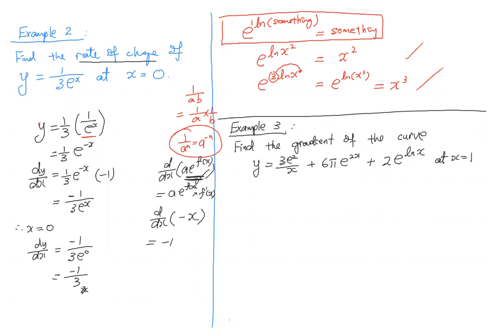Now, first of all, I have to simplify wherever I can. In this case, I involve 2 types of terms. One is a power term, the other one is an exponential term.